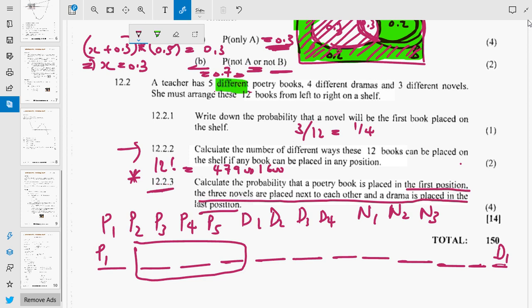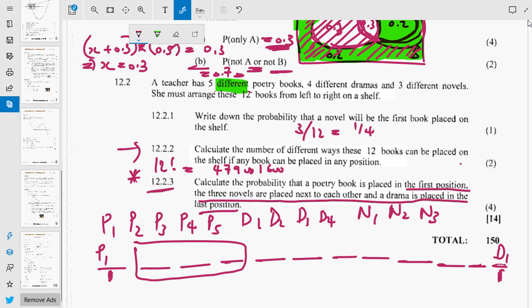So if I had to take poetry 1 and drama 1, how many arrangements can I have here? I can see that this one is fixed, and this one is fixed. So this will definitely be poetry 1, and this will definitely be drama 1.